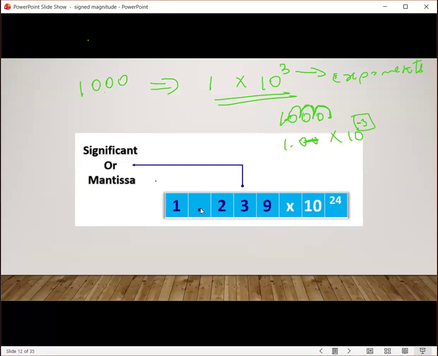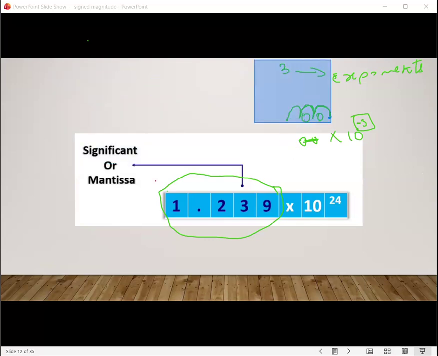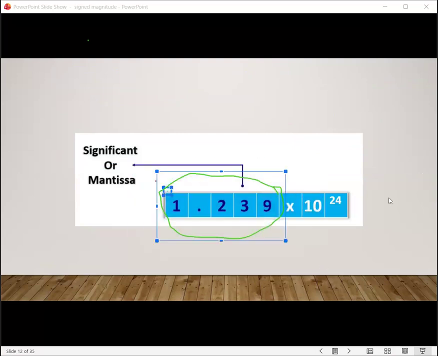Just keep this in mind. What is the mantissa? The actual value, except the power part, is called the mantissa.